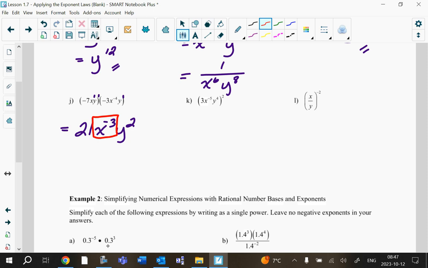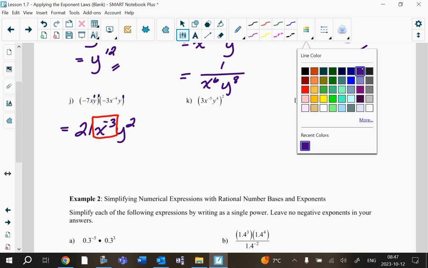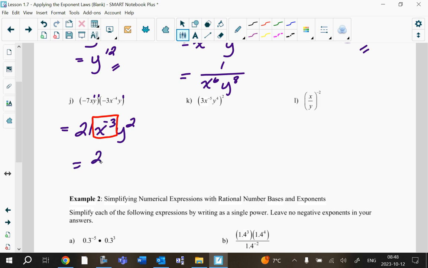So my answer, the 21 stays up top in the fraction, so does y squared, but the x to the negative 3rd moves down and becomes positive. It's a quicker way to do it. Because you could have changed this to 1 over x to the 3rd, and then you would have had to multiply them together into a single fraction. It takes more steps.